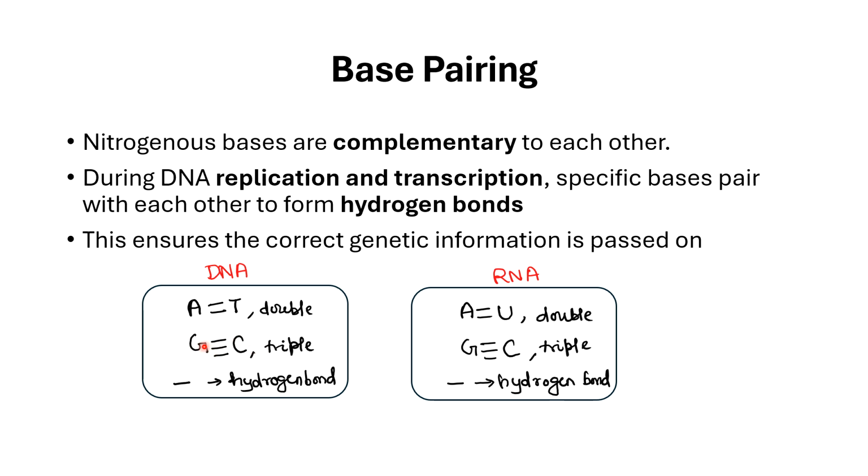If we see guanine, then it makes 3 hydrogen bonds and combines with cytosine. So this complementary nature of nitrogenous bases is very important because it helps in the process of replication and transcription. It ensures that specific bases pair up and correct genetic information is passed on. So I hope you are clear about base pairing.